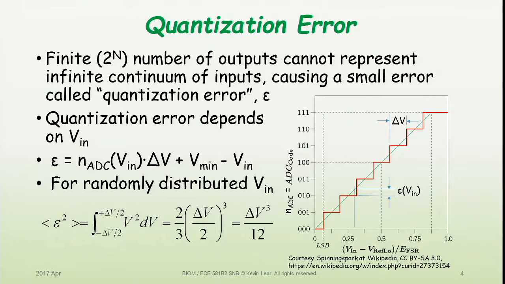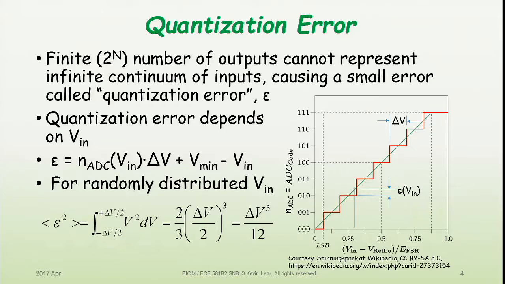Because there's only a finite number of levels, but potentially an infinite continuum of possible input voltages, we cannot perfectly represent with the output of an analog to digital converter, here a 3-bit analog to digital converter, all the possible input voltages that go into it. So there's going to be some small error.